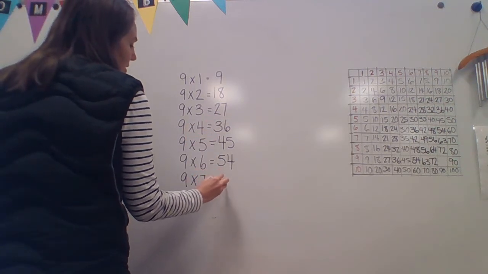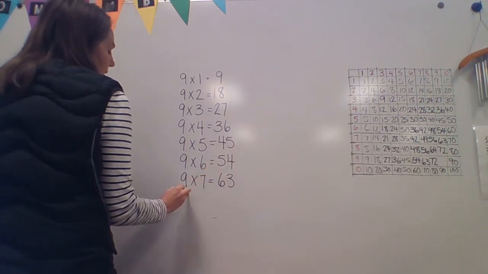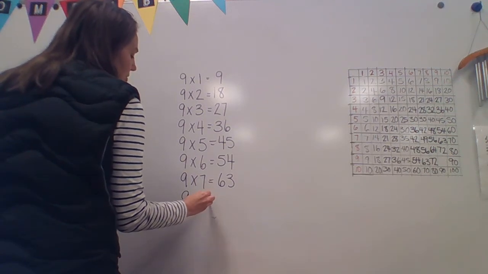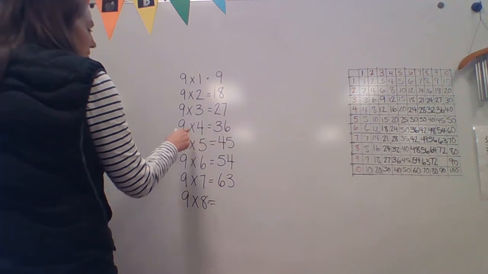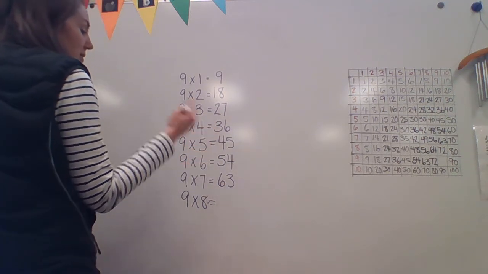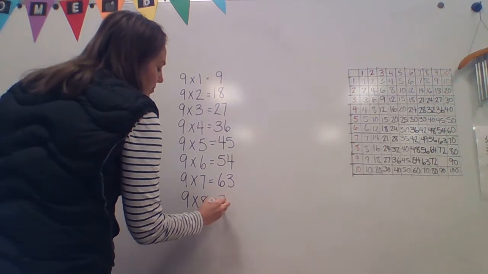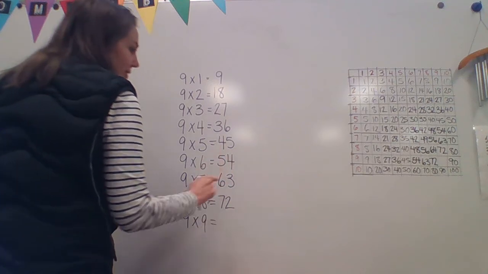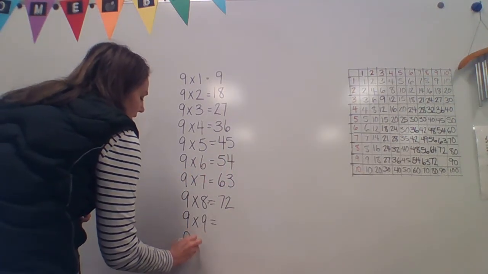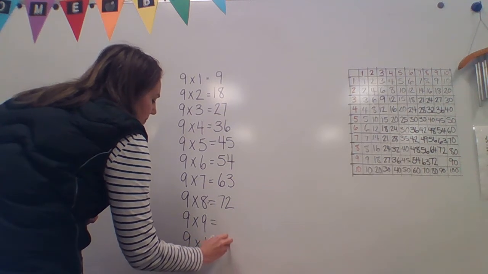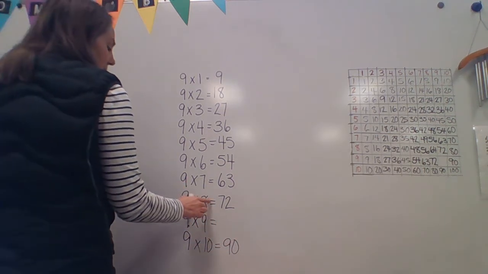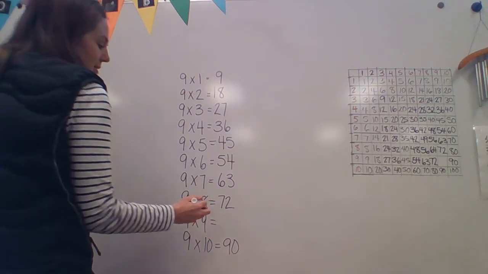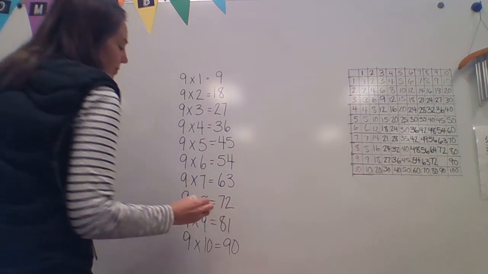That's going to equal 63. 9 times 8, oops, try that again, there we go. 9 times 8 is going to be like my double, so 36 doubled is going to get me 72. 9 times 9, we haven't gotten to yet, but we do know that 9 times 10 is 90. And I could find 9 times 9 by either adding on 9 to 72 or subtracting it from 90. I'm going to go ahead and add it to 72, so that's going to be 81.